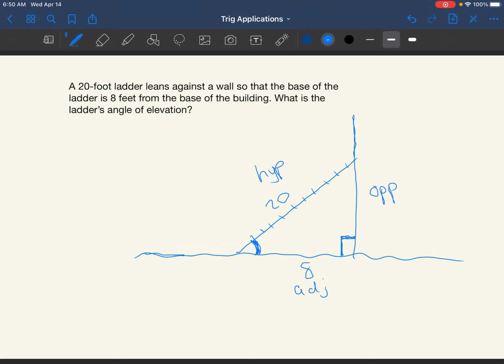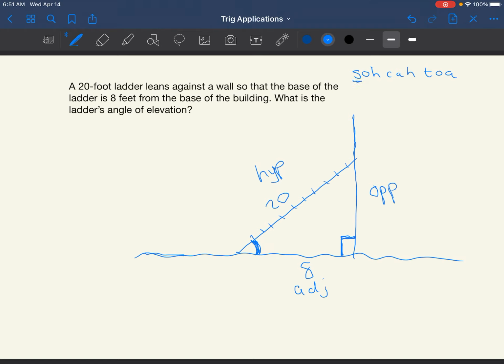Okay. And now I'm going to go ahead and write SOHCAHTOA. I'm going to write that up here. And I'll tell you what this means. SOHCAHTOA is a mnemonic that helps you remember sine, cosine, and tangent.